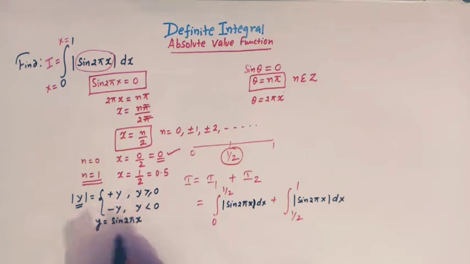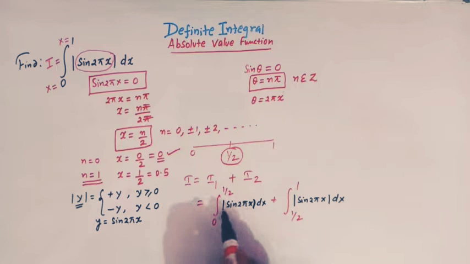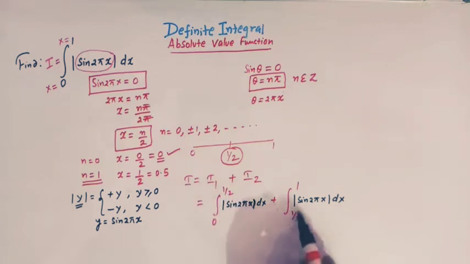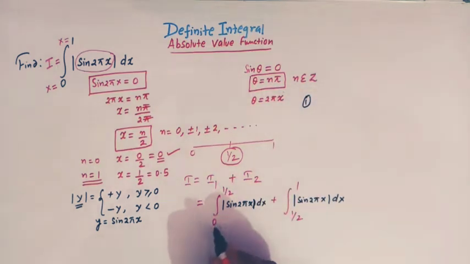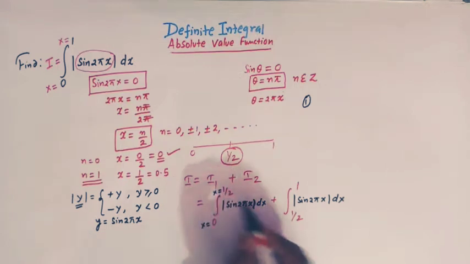Now before deciding the sign of this function, let us take the values of x which lies between these intervals, that is from 0 to half and from half to 1. So let us first take this integral where x varies from 0 to half.